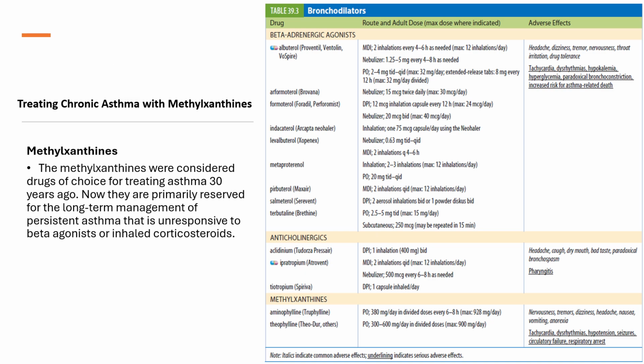Then you have your methylxanthines. The methylxanthines, theophylline and aminophylline, are bronchodilators. They are chemically related to caffeine. The methylxanthines are infrequently prescribed because they have a narrow safety margin, especially with prolonged use.